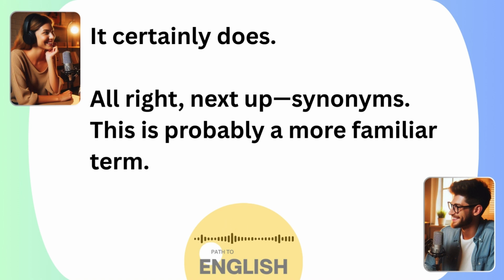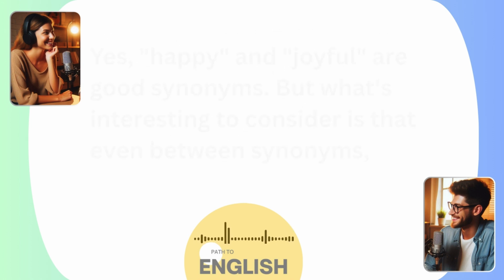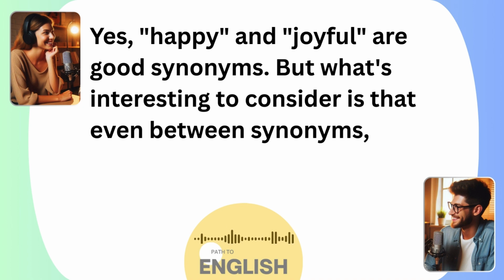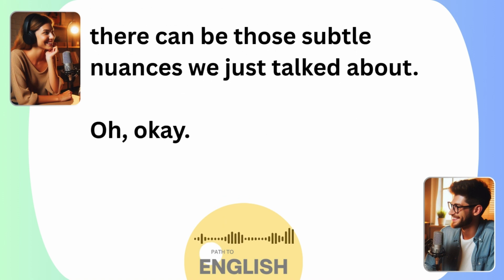All right, next up, synonyms. This is probably a more familiar term. Synonyms are words that have a very close or the same meaning. A simple example is the words happy and joyful. Yes, happy and joyful are good synonyms. But what's interesting to consider is that even between synonyms, there can be those subtle nuances we just talked about.